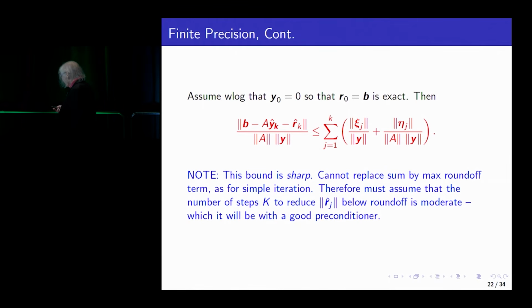This bound is sharp, okay? So unlike simple iteration, you can't replace this sum by the maximum round-off term. So you must assume that the number of steps, capital K, to reduce the updated vector below machine precision is moderate, and with a good preconditioner, it should be.